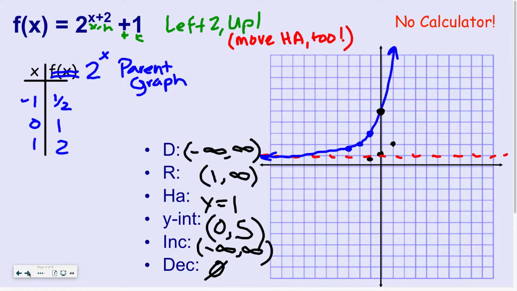But we talked about up here that when would you see a horizontal line move? It's going to get shifted left too, but you won't notice that. But it is also going to get shifted up 1. So it's going from the x-axis, y equals 0, to y equals 1. Yeah. Anything else?